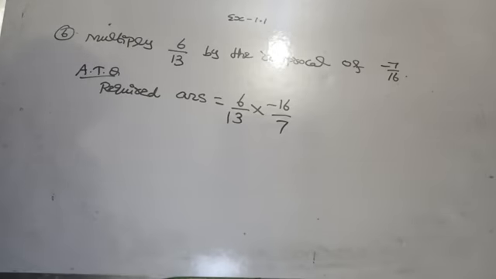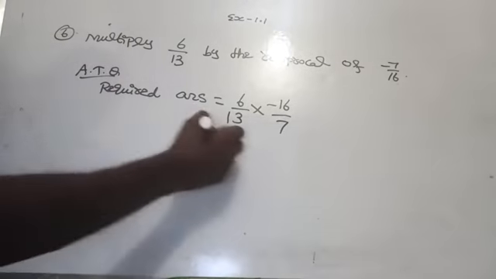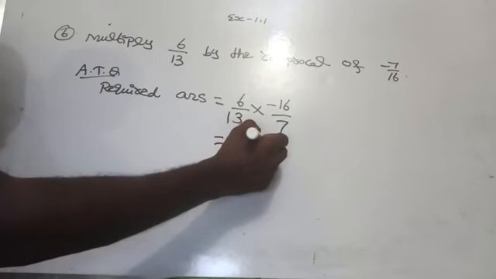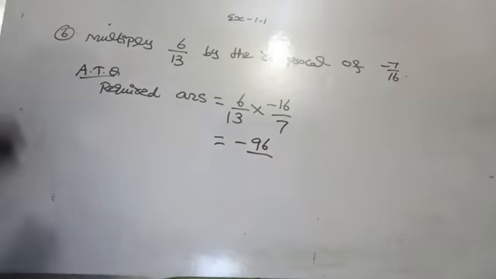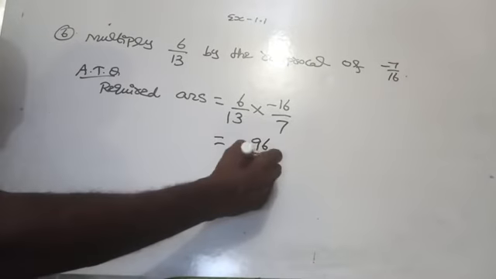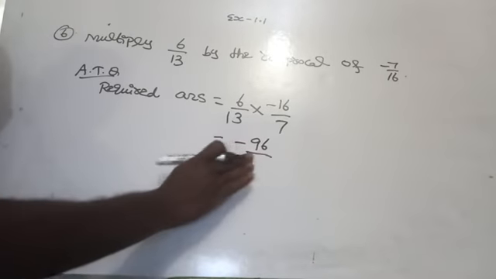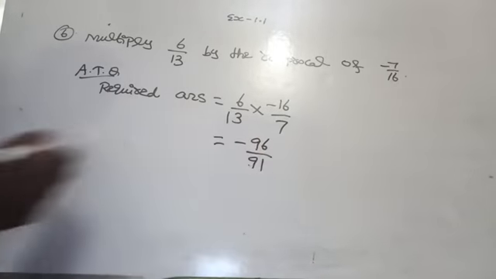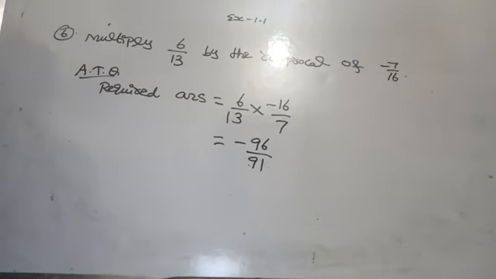Otherwise, just multiply the numerators as well as the denominators. 16 into 6 is 96, and 13 into 7 is 91. Am I right here? So the answer is minus 96 by 91.